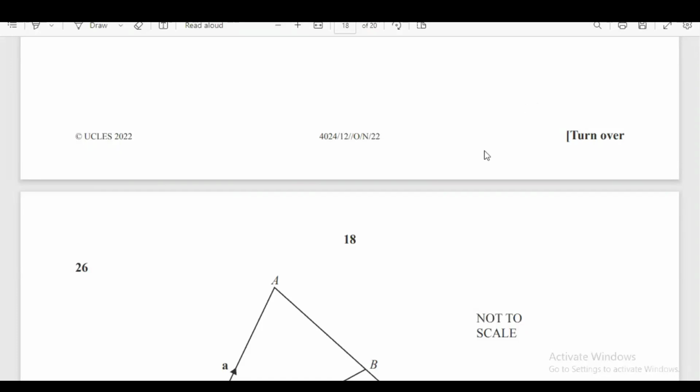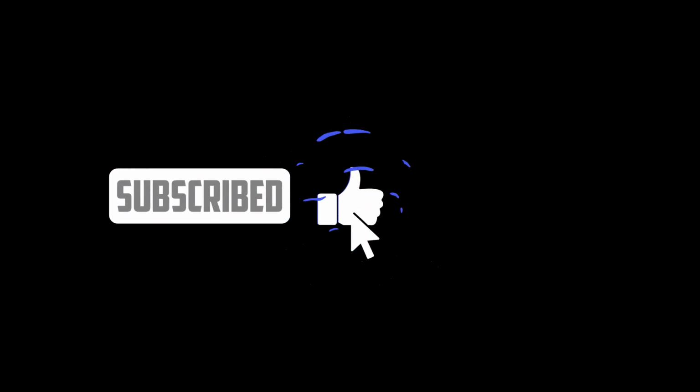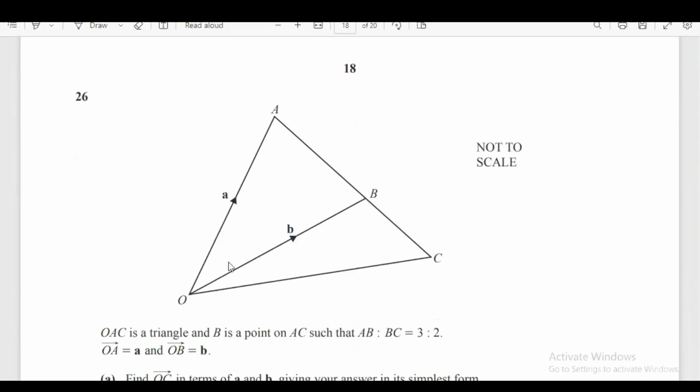In this video, I'm going to explain how to solve question number 26 of 4024 paper 1 variant 2, October/November 2022. This is a topic of vectors, and there is a diagram. Triangles OAC and OBC are given here.